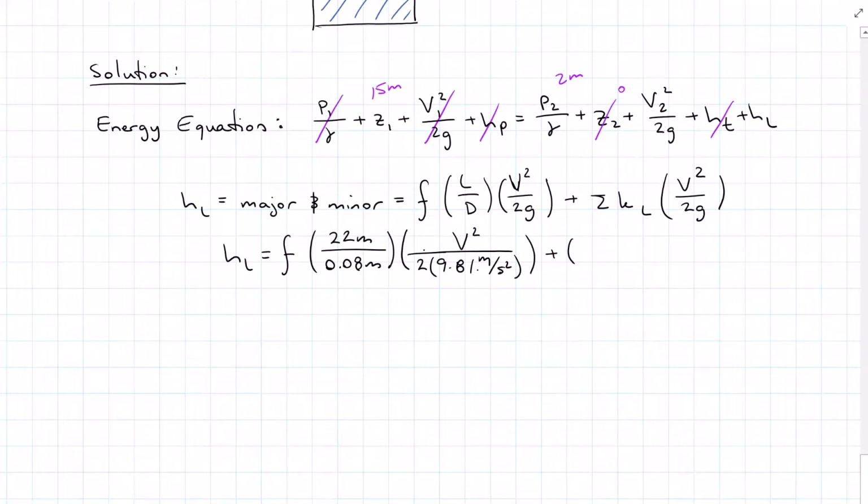My K values from figure 10.10, a flush entrance is 0.5. A fully open gate valve is 0.19 from table 10.1, and a 90-degree elbow is 0.9 from table 10.1, and this is all times my velocity head that I don't have.